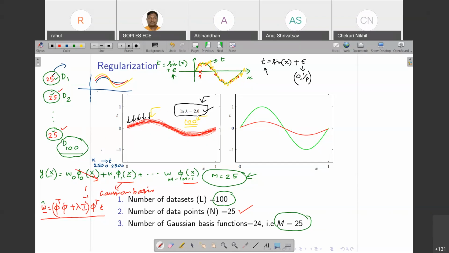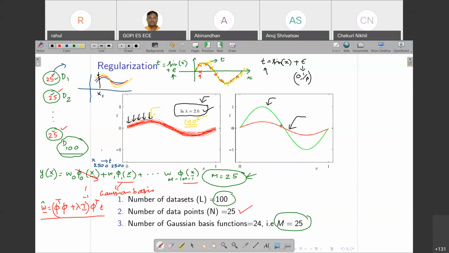You have different curves available across one particular x, and I'm trying to find the average of this value, this value and this value. If I do so, what I am getting on the right-hand side is this red. Red is the average of these, but green is the original sine wave.